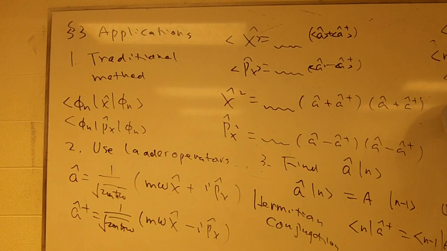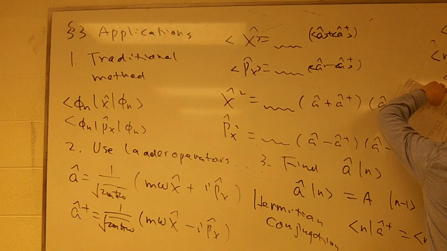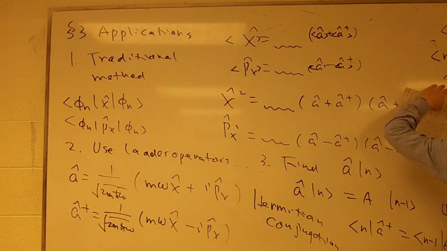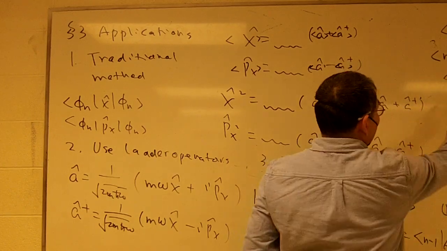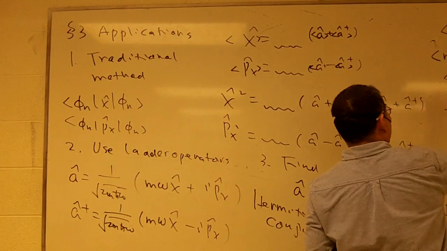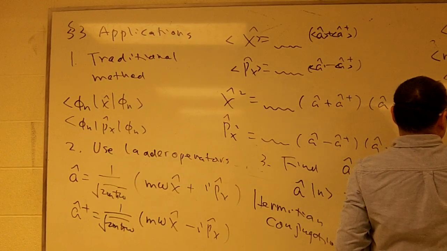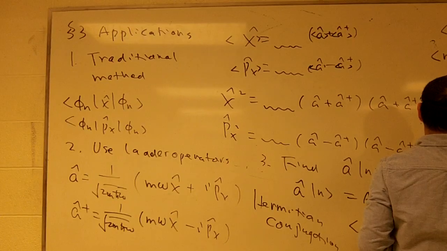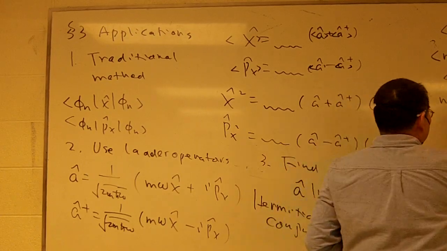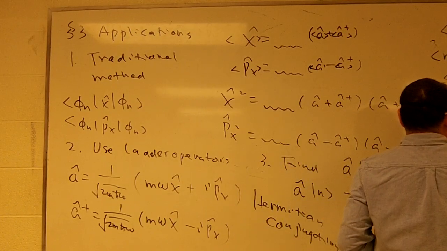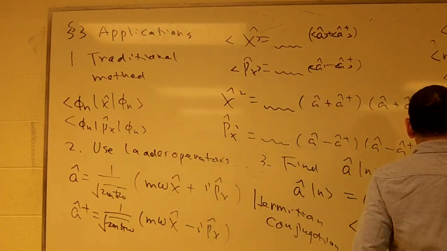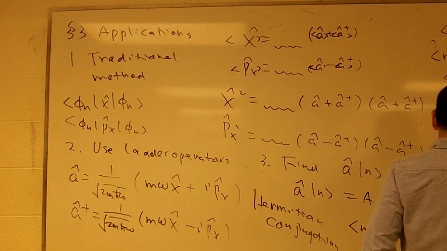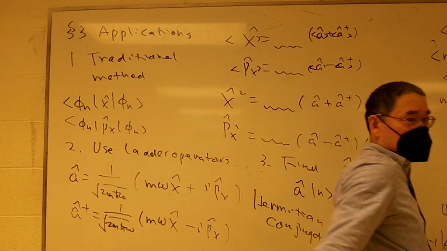I insert a relationship N equals that, and I also insert a relationship A dagger A N equals N. This N is just a classical number, so I move it out. So the right-hand side is A squared, and this is equal to 1. So therefore my A is just square root N. This means that A hat N equals square root N.